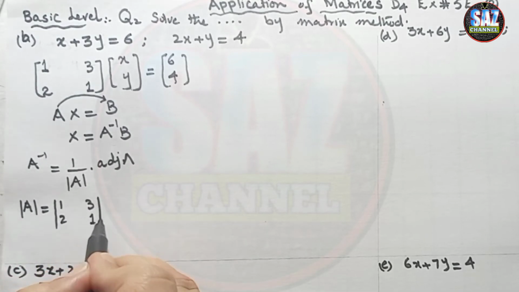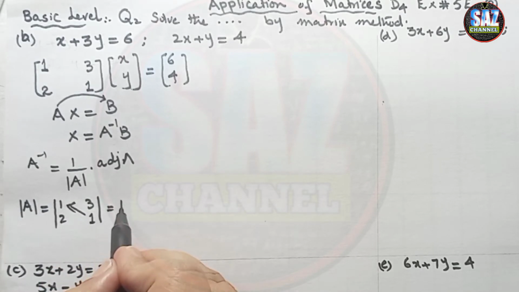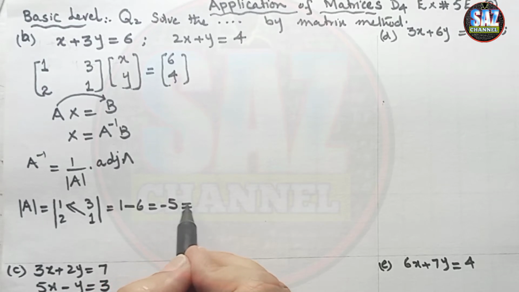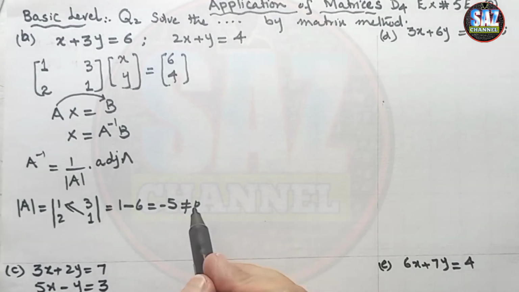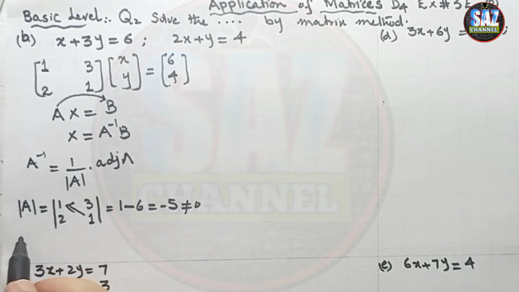So determinant will be equal to 1 times 1 minus 6, which is equal to minus 5, and this is not equal to 0. For the system of equations to have a solution, it's really important that the determinant should not be equal to 0. 1 minus 6 is minus 5. And now adjoint.